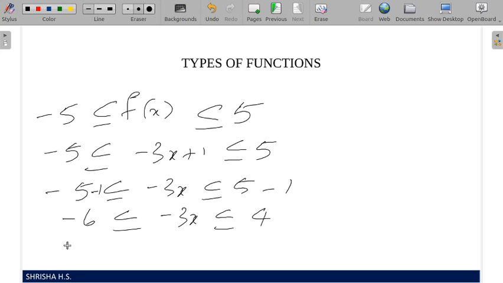Okay, take 3 here. So it is between minus 6 by minus 3 and 4 by minus 3. Next, what can we do here?